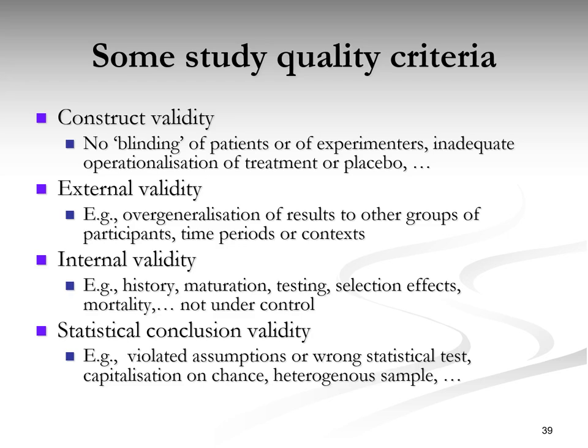The internal validity is about the problem of possible confounding variables. And then the statistical conclusion validity is about whether statistical tests or statistics were used in a correct way. So these general criteria come back very often in these tools.